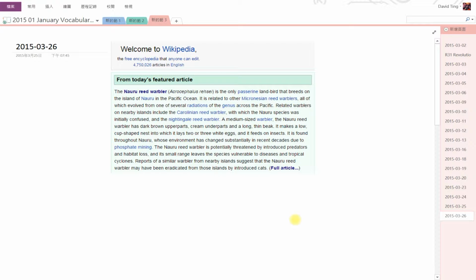Okay, I will repeat one more time. Definition of reed in English. Noun. A tall, slender leaf plant of the grass family that grows in water or on marshy ground.